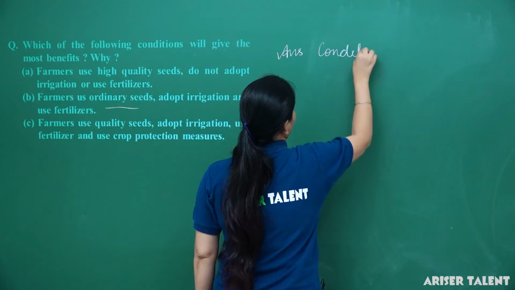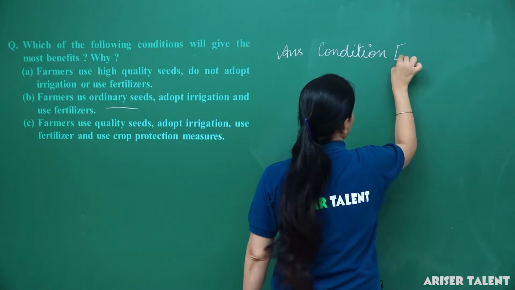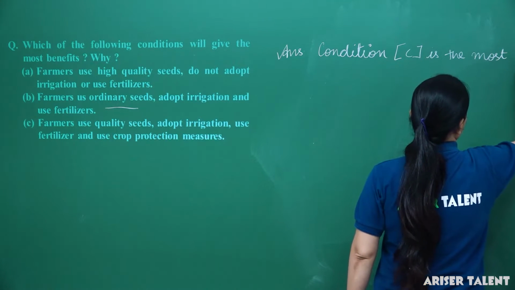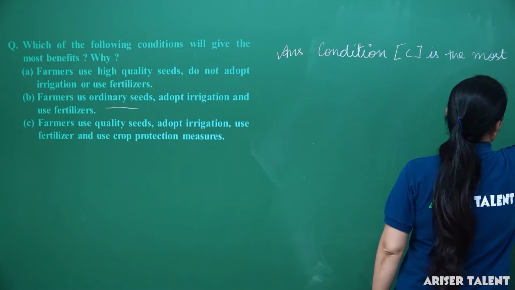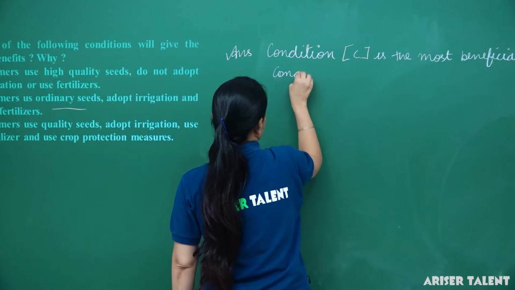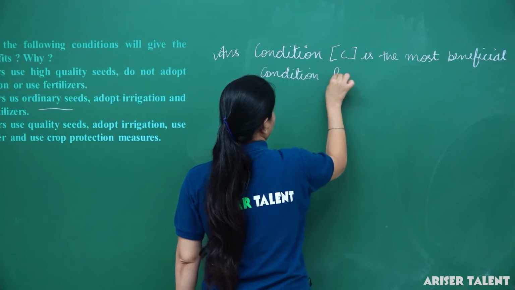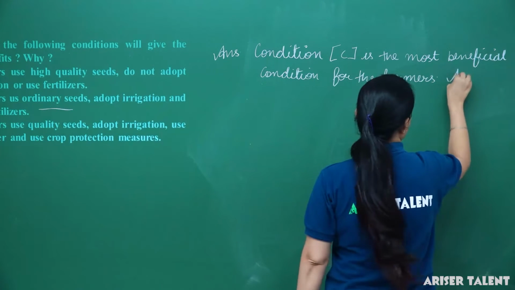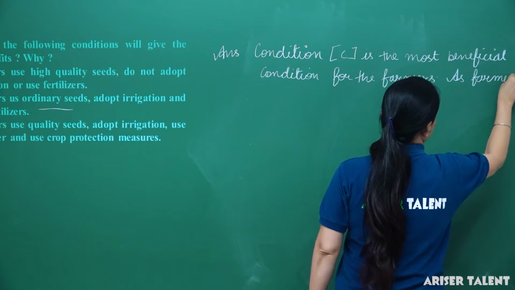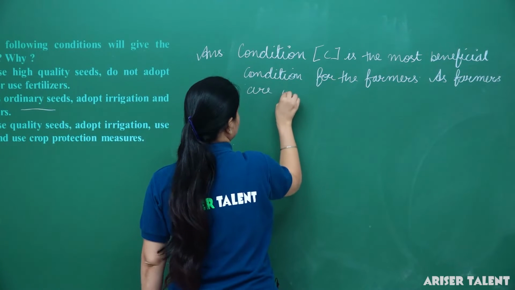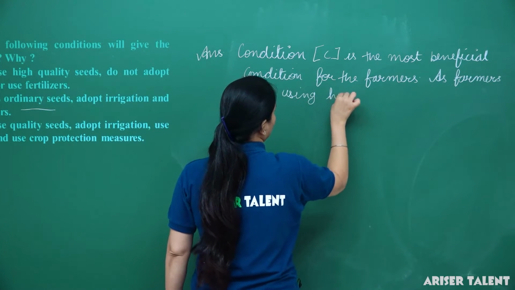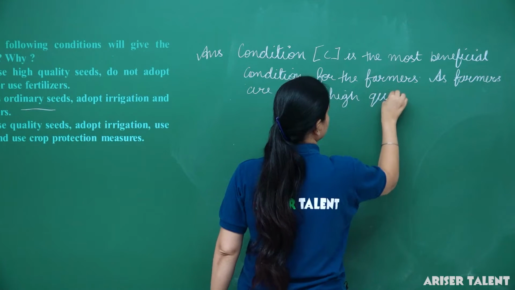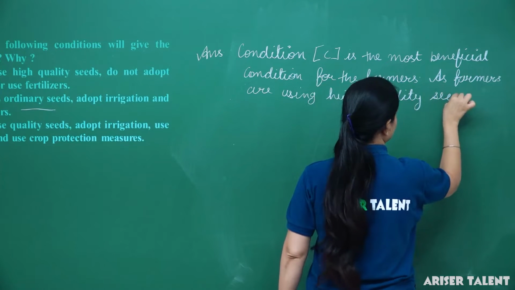Condition C is the most beneficial condition for the farmers, as farmers are using good quality or high quality seeds.